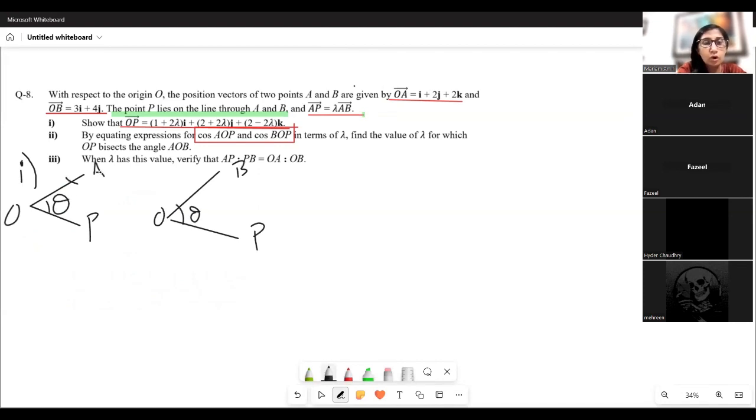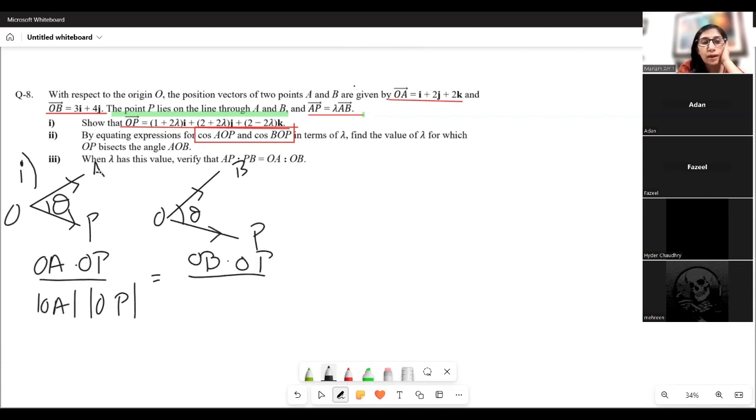We're going to draw the lines outwards. So cos AOP is OA dot OP upon magnitude of OA times magnitude of OP, equals OB dot OP upon magnitude of OB times magnitude of OP.